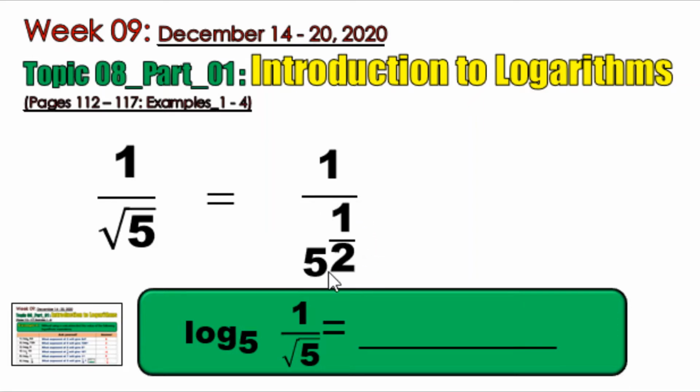And this one can be expressed using the laws of exponent. 1 over 5 raised to 1 half can be expressed as 5 raised to negative 1 half. Okay? So we can substitute 5 raised to negative 1 half to this 1 over square root of 5.